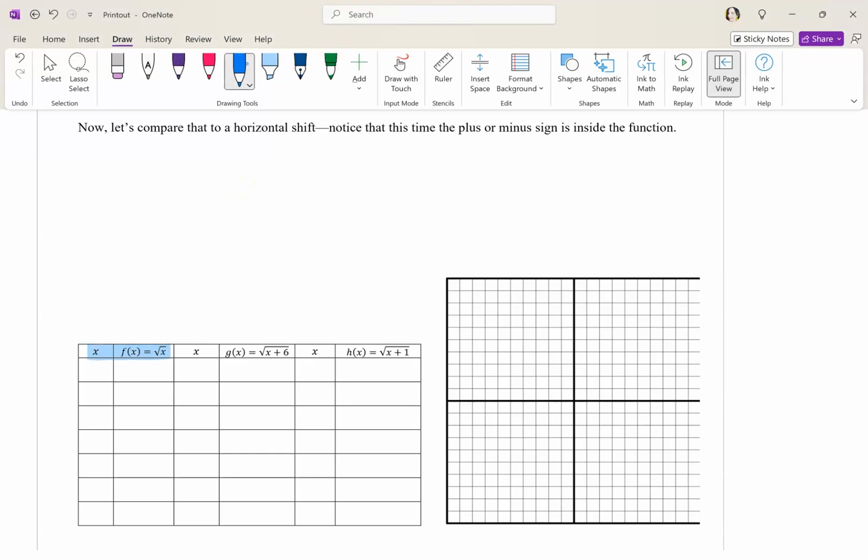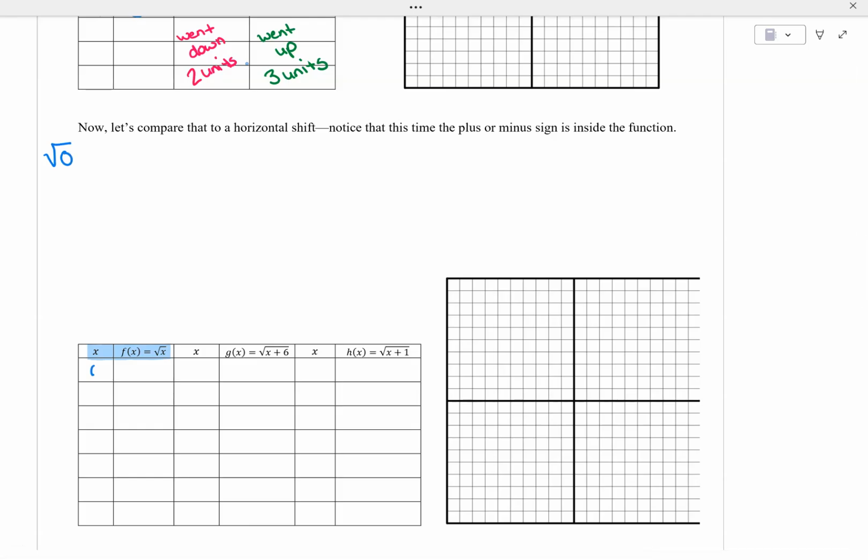So we know the square root of 0 is 0. Square root of 1 is 1. Square root of 4 is 2. Square root of 9 is 3. So I am going to go ahead and graph those points again.